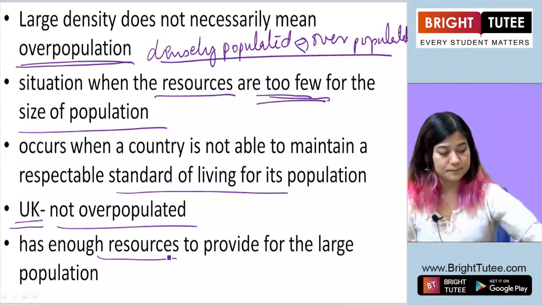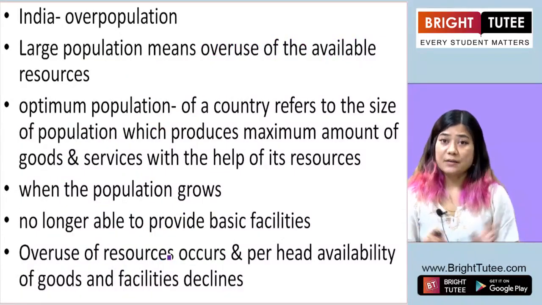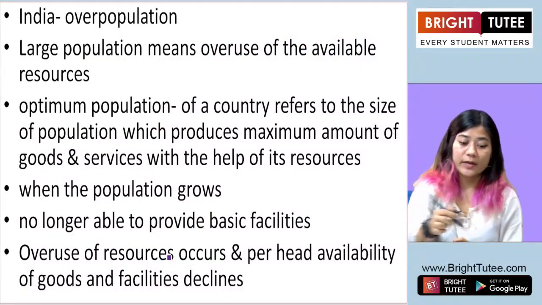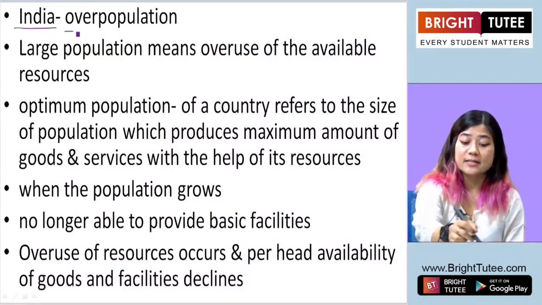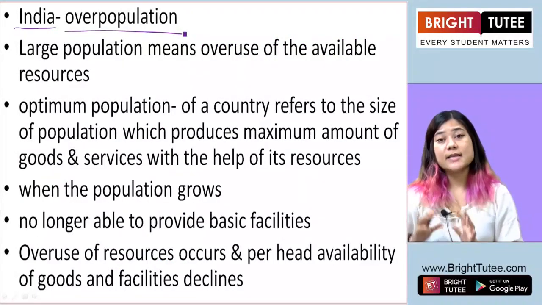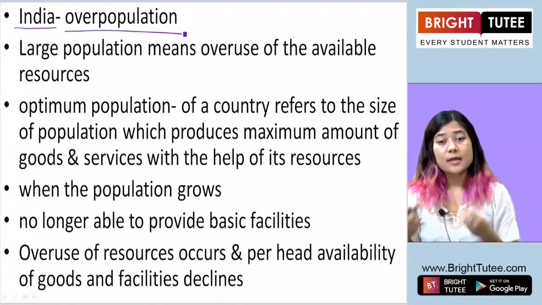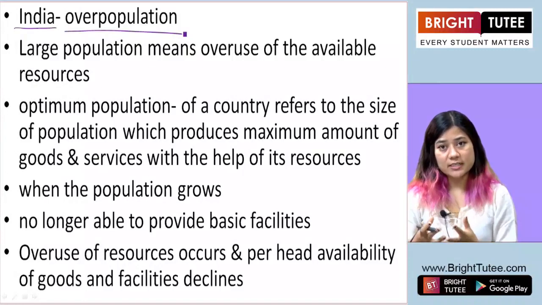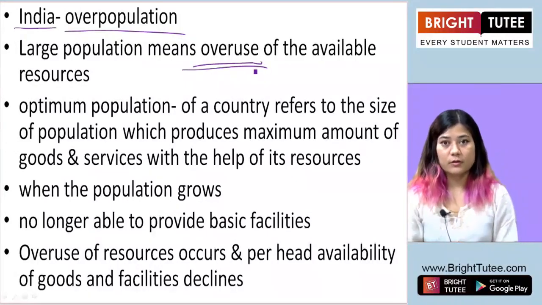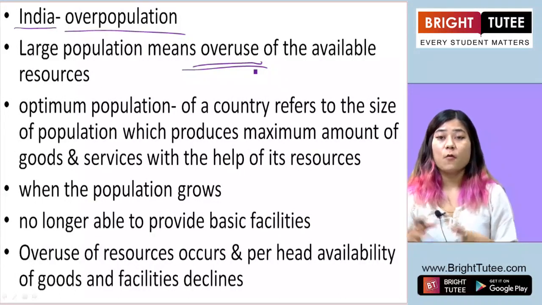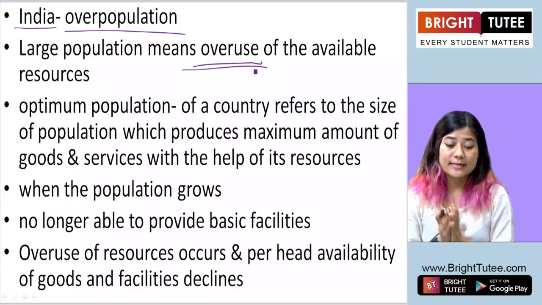So this is why we can say United Kingdom is not overpopulated, despite the fact that it has a large population density. But if we look at India as another example, then we can say India is overpopulated. This means that the resources that India has have been overused. They are not enough for the size of the population that India has.